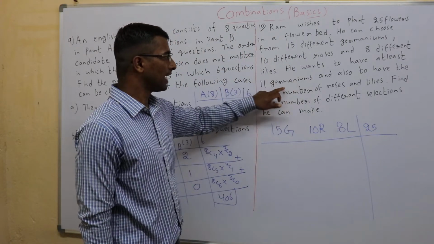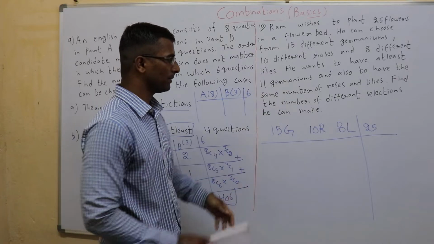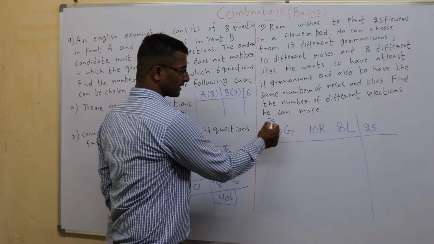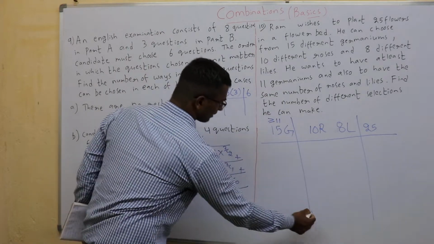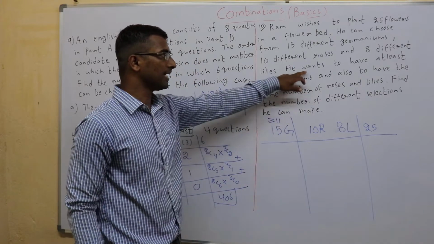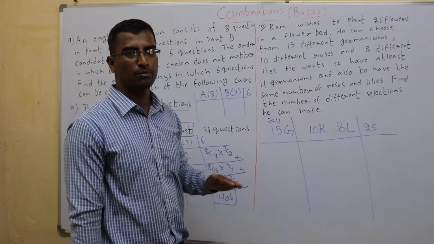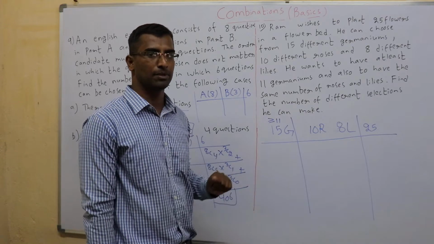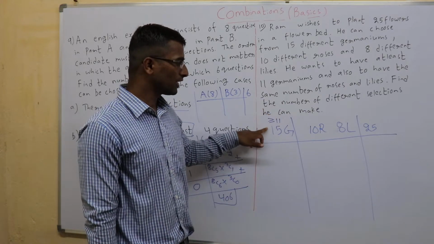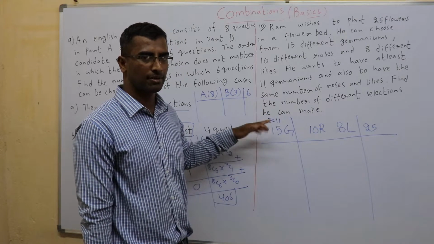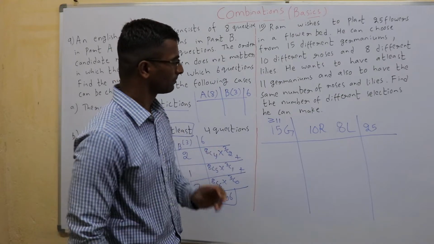He wants to have at least 11 geraniums, which means the condition on geraniums is greater than or equal to 11. Whenever at least has come, I will get more than one possibility, so it is better to make the table. At least 11, so greater than or equal to 11. It starts from 11 and goes on.